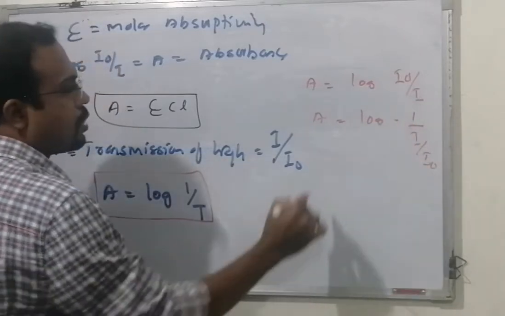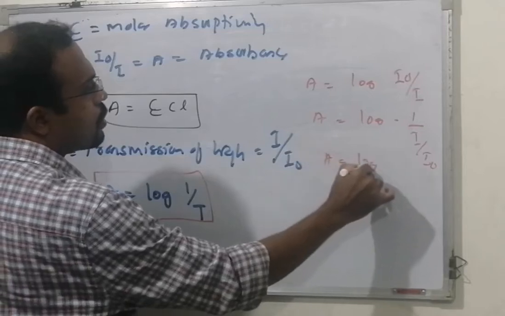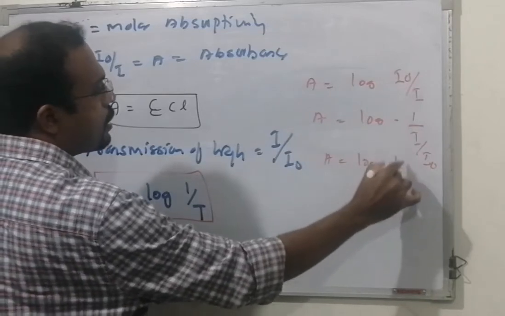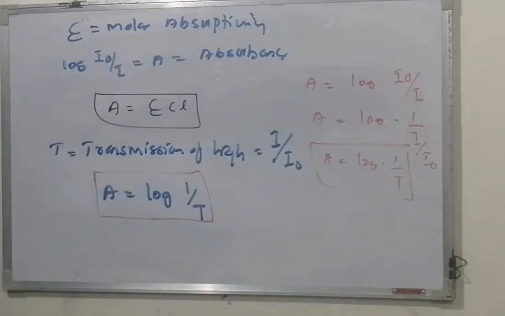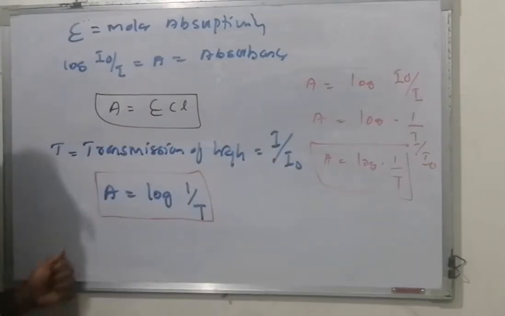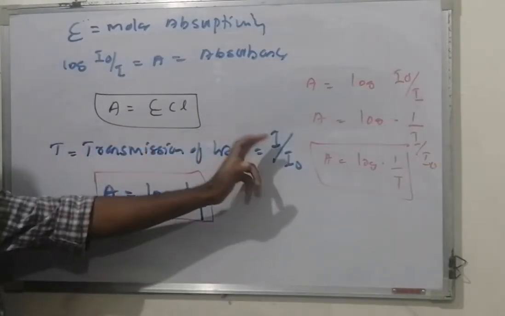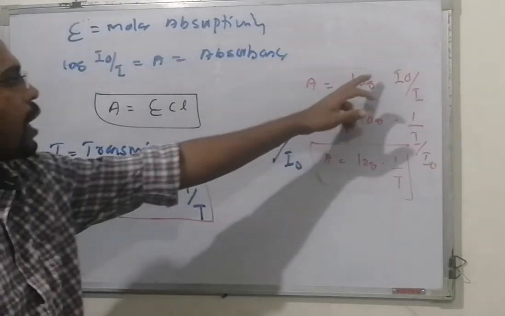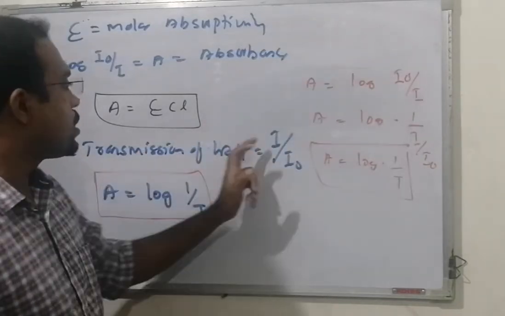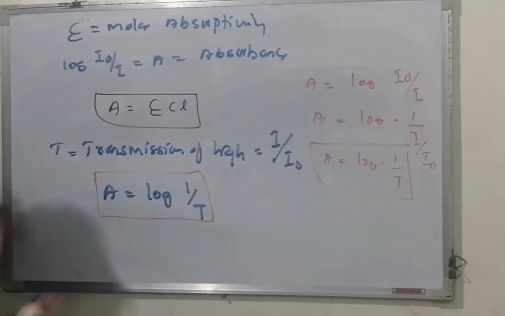This is correct. Or A is equal to log 1 upon T. Absorbance is log I0 by I. Transmission is equal to I upon I0. Therefore, this is the relation between them.